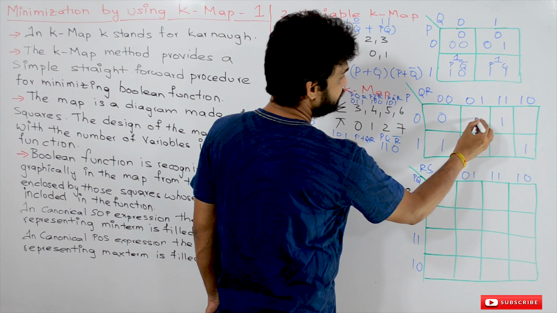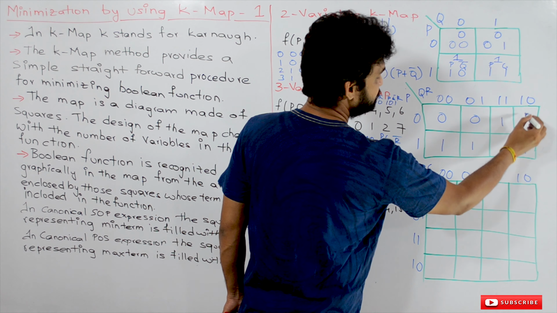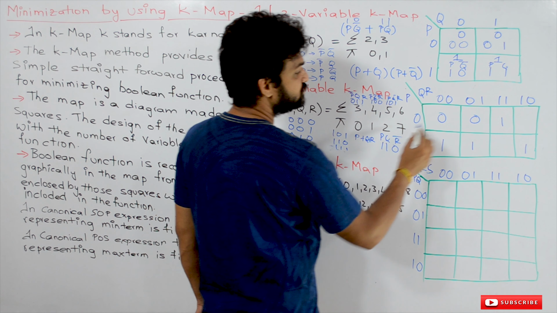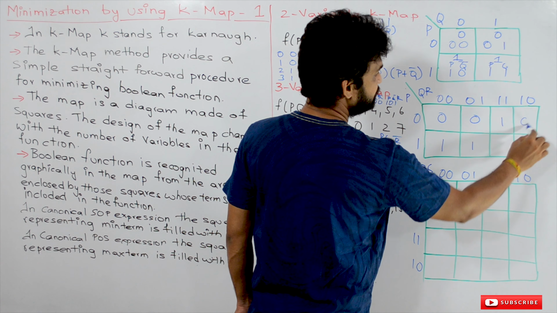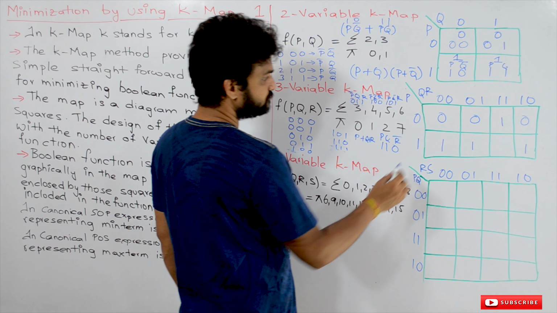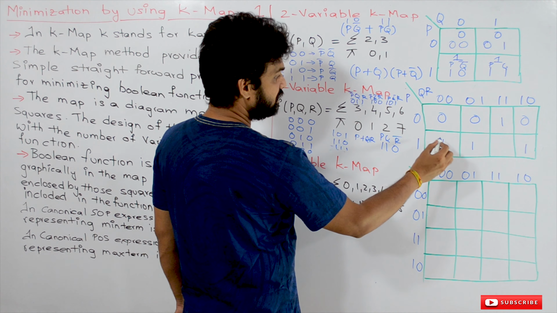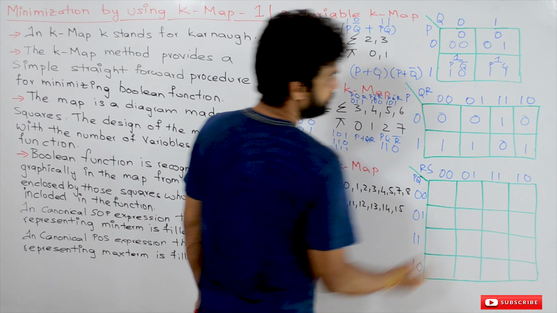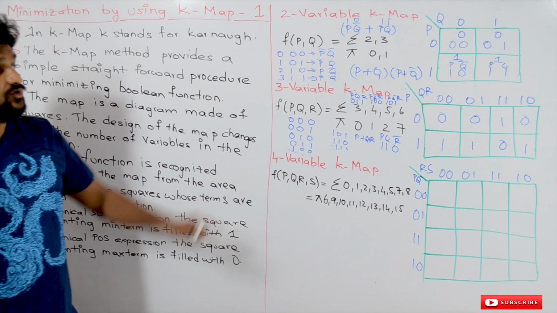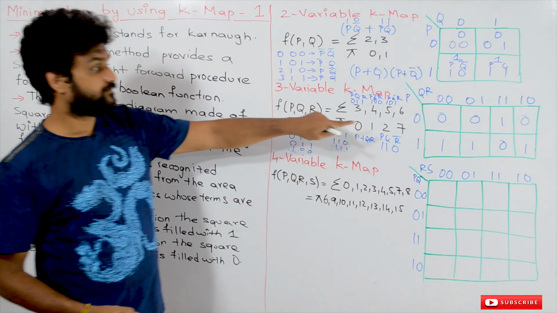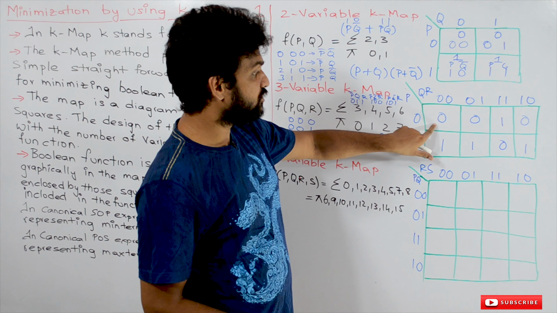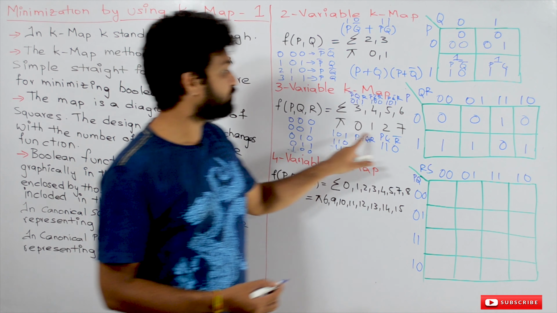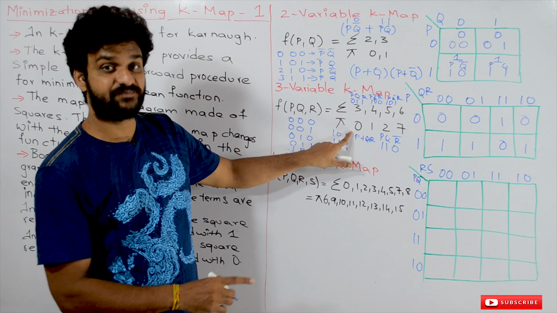Similarly, 1 is represented here, and similarly this is 0 1 0, 2 is represented here. Okay, and next it is 7, 1 1 1. So this is how we are going to get zeros. We are going to fill the empty spaces with zeros for the corresponding product of sums expression.